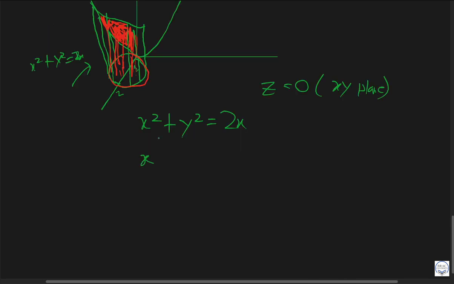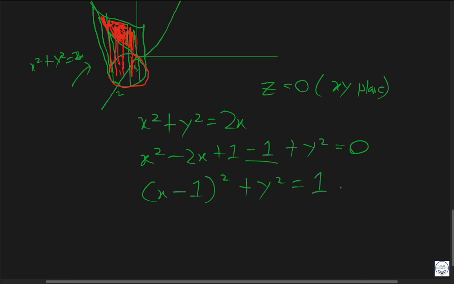Now we will complete the square. x squared minus twice x plus 1 minus 1, so that this is still 0, plus y squared equals 0, and we get x minus 1 whole squared plus y squared. But this minus 1 will go to the right and give us a plus 1, which is also the same thing as 1 squared.